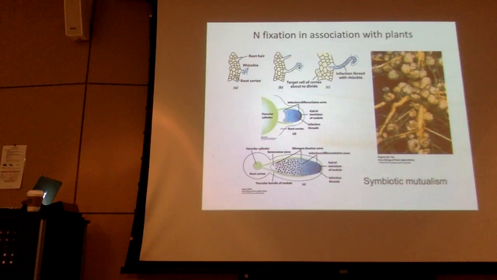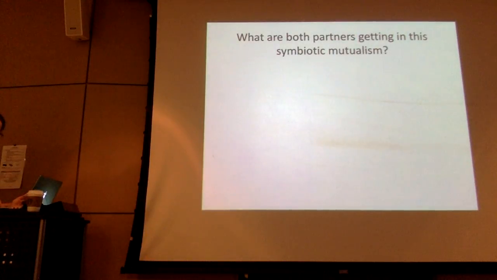Two organisms living in the same space together. Usually one is acting as a host. Okay. What is mutualism? Chris? Both organisms benefiting. You want to add anything? No? Okay. All right. Okay, so in this symbiotic mutualism, what are they getting?